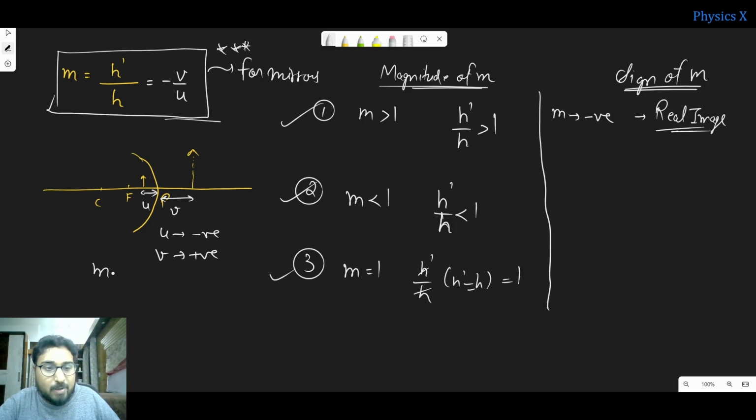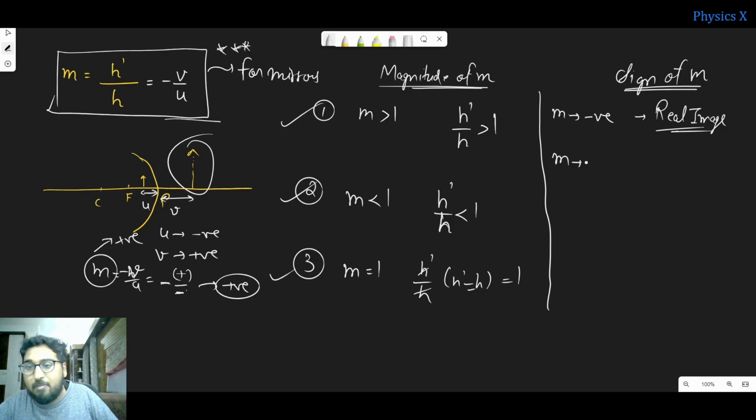Now again I will see the magnification formula, which is minus V by U. V is positive, U is negative, and there is a negative sign also. So this negative sign will be cancelled, and you will be left with a positive sign. So in the virtual case, M is positive in case of a mirror. It means it is a virtual image.